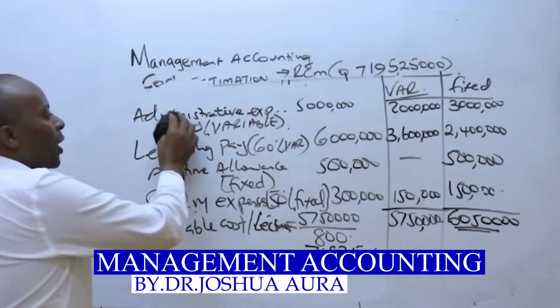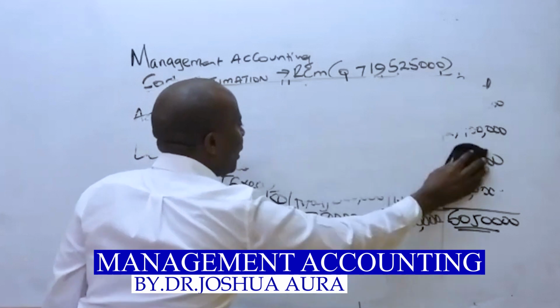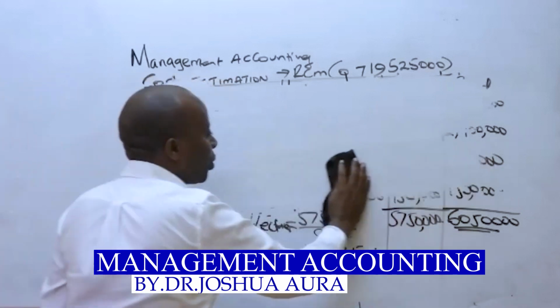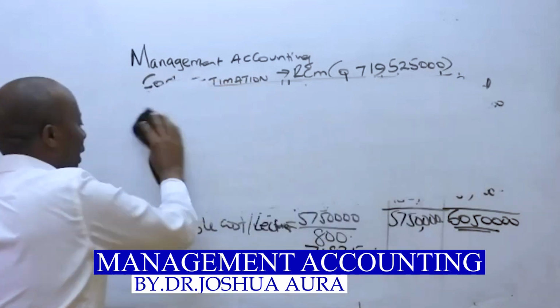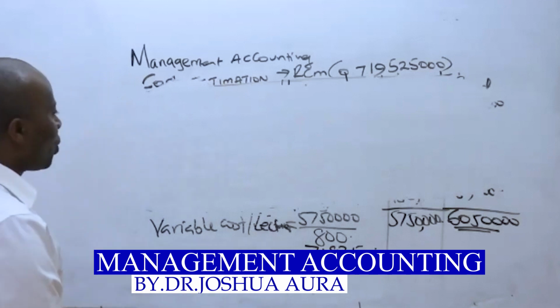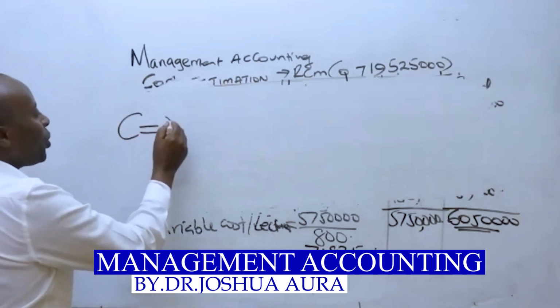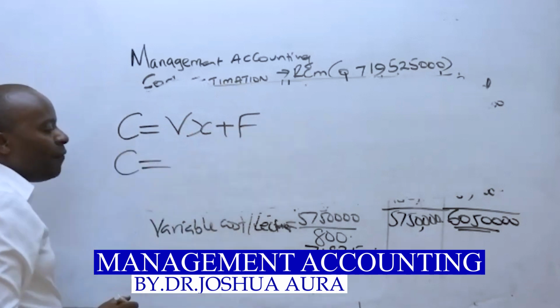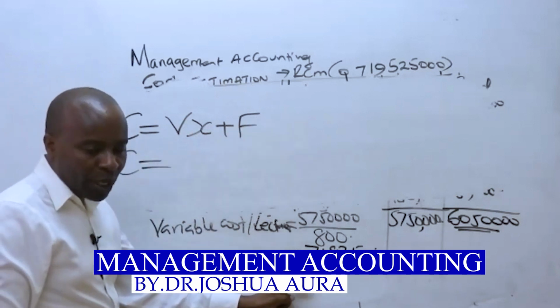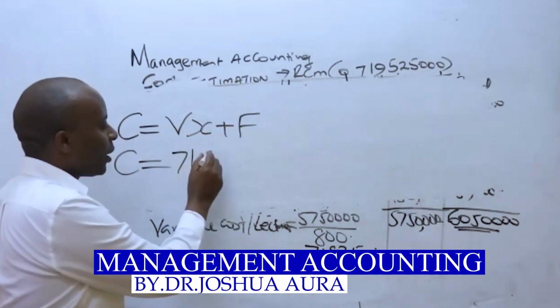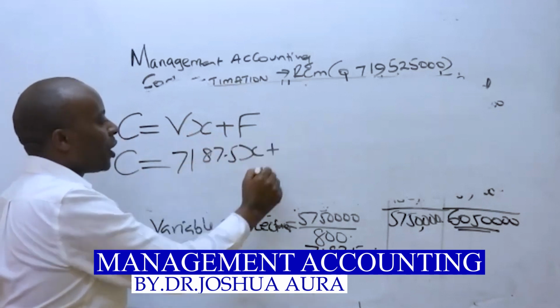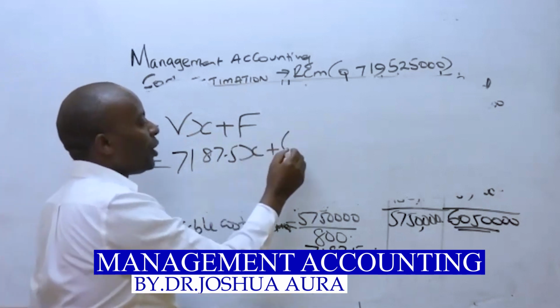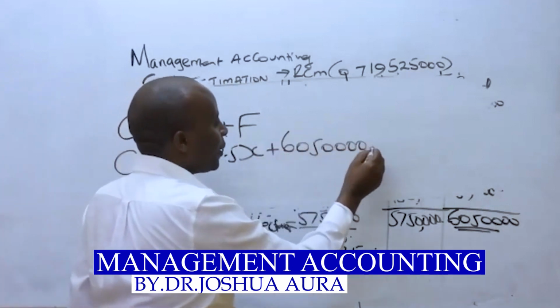Fortunately, we know how the cost equation looks. Our cost equation here is Vx plus F. So our cost equation will be 7187.5x plus the fixed cost, which is 50,000.